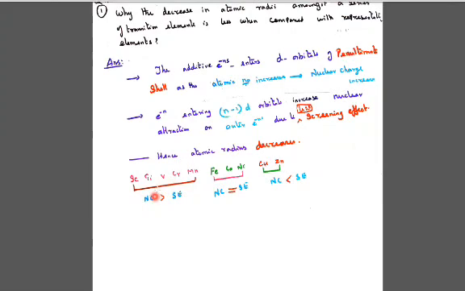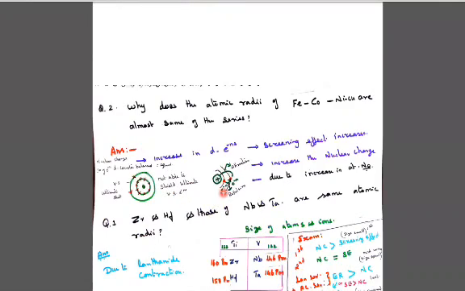When the nuclear charge increases, the screening effect of the d electrons is very small, so they are not able to protect the ns electron. So it is immediately attracted by the nucleus, and automatically the size shrinks, becoming closer due to attraction.